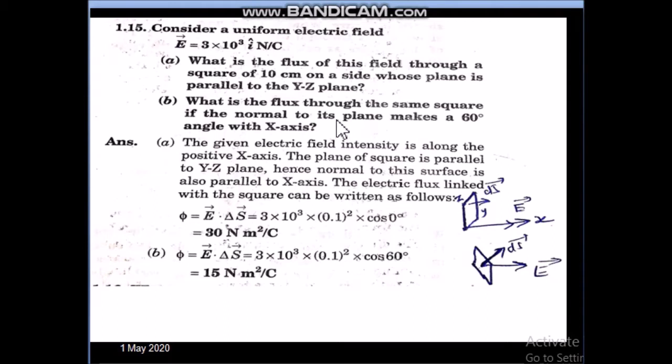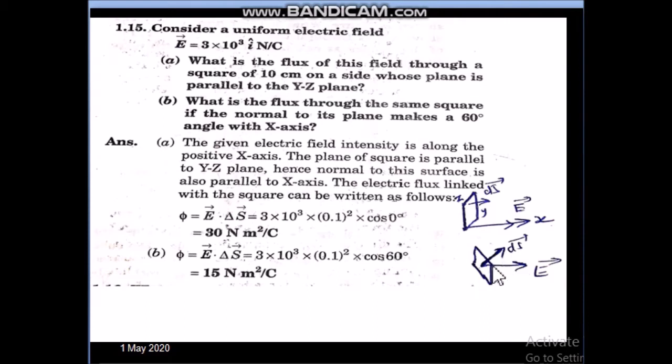It's written the same square has the normal to its plane making angle 60 with x-axis. So suppose this horizontal line is x-axis, so the normal to the square, that means this ds vector, is making angle 60 degree.